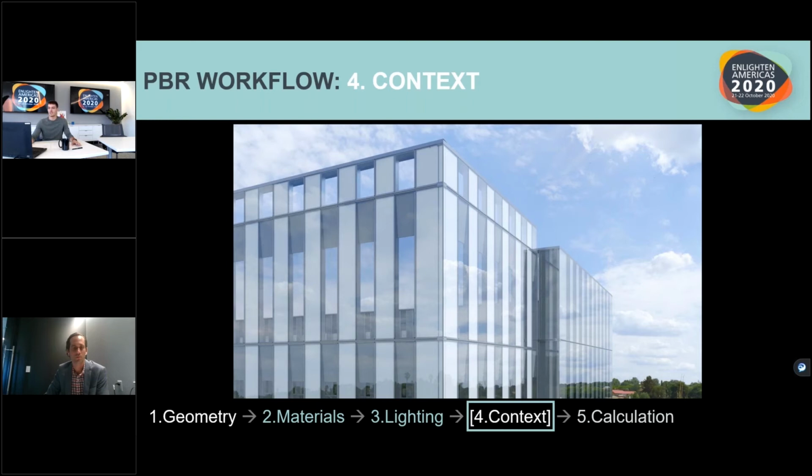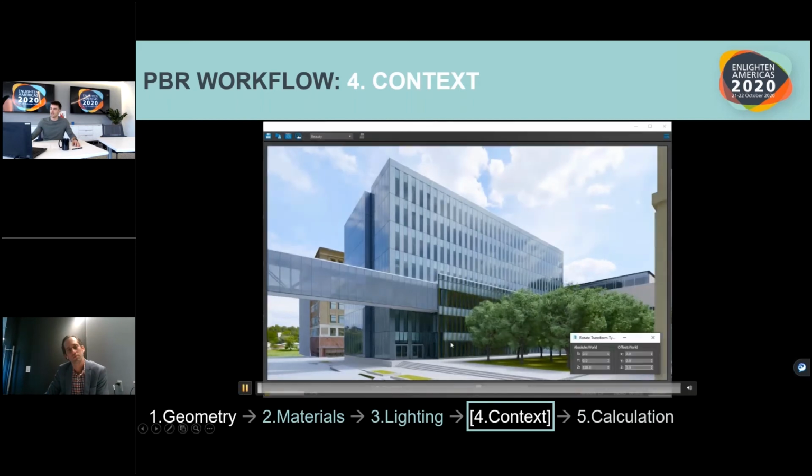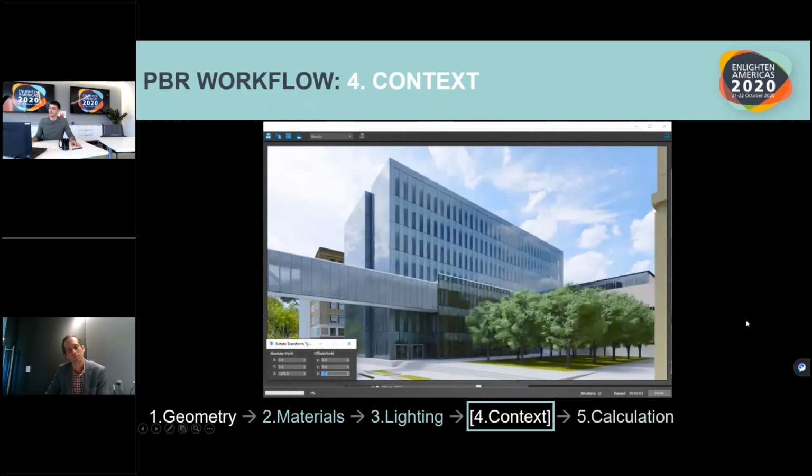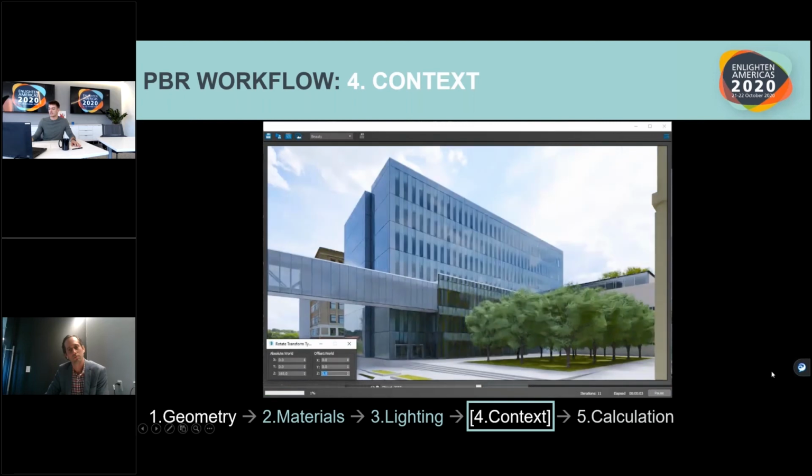Maybe we wanted to adjust the spandrel colors, maybe the glass types. This is another demo video of me adjusting the sky condition from the high dynamic range imaging and making material adjustments on those spandrel colors to help the architects make decisions.